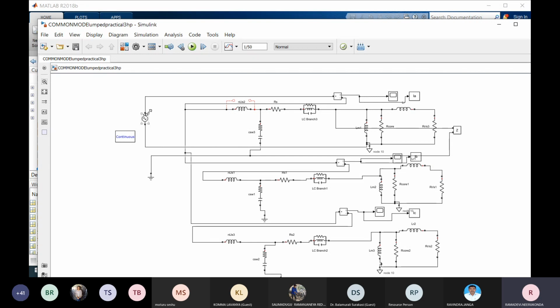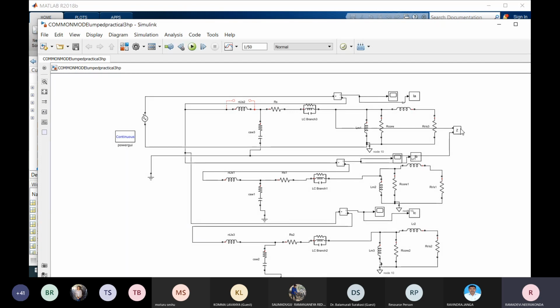We connect the impedance measurement here between the tied terminals of the three phases and ground. So now we have to run this file and see the impedance plot.